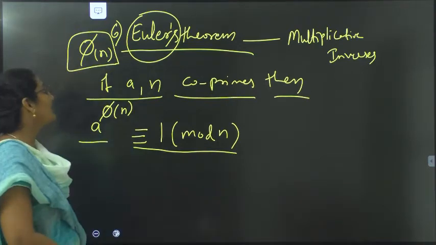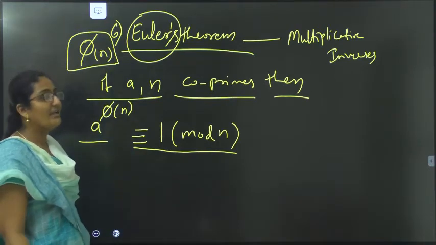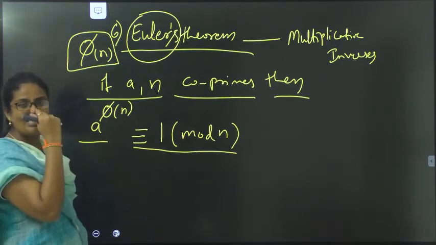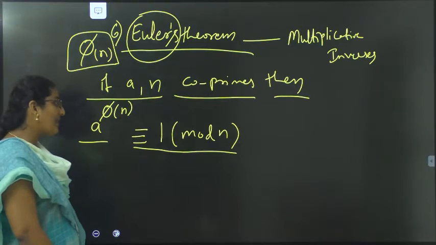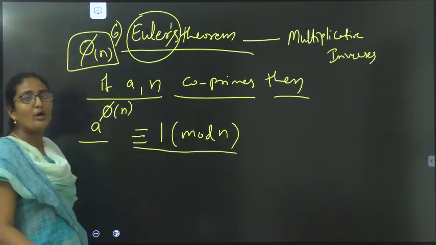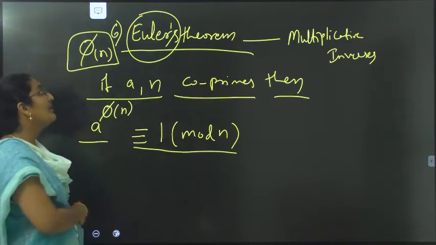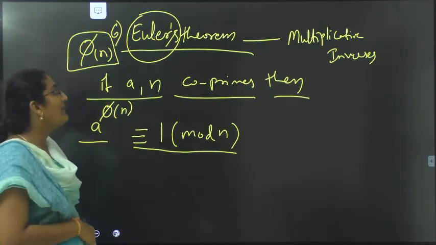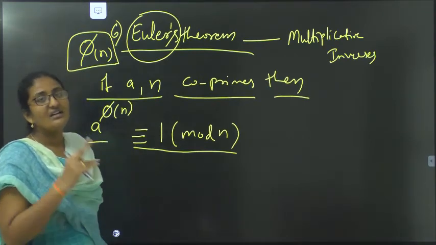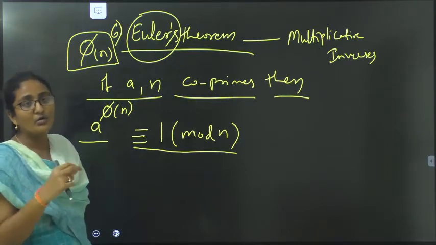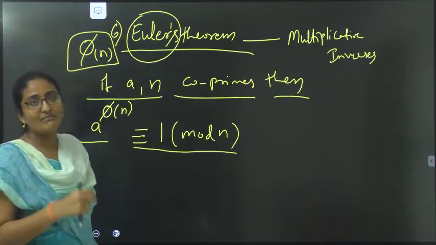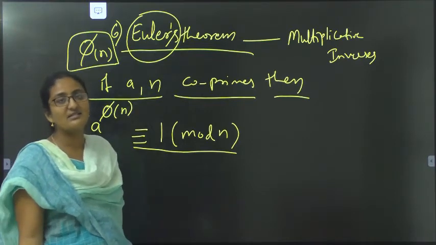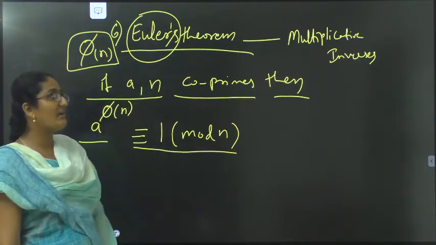Then we have some Euler-totient rules, like phi of p equals p minus 1, phi of 1 equals 0, all these things. Then phi of m into n equals phi of m into phi of n. Then what is the Fermat little rule? If you have two numbers, one is a prime number and the other is an integer, and the prime number cannot divide the integer, then you have the two statements.